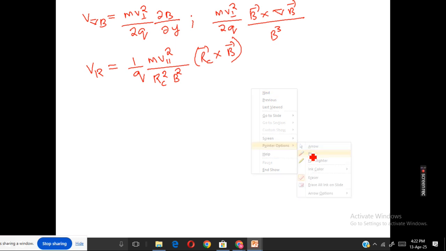The gradient drift velocity is coming due to the inhomogeneous nature of the magnetic field, and the curvature drift velocity is coming due to the curvature of the magnetic field.